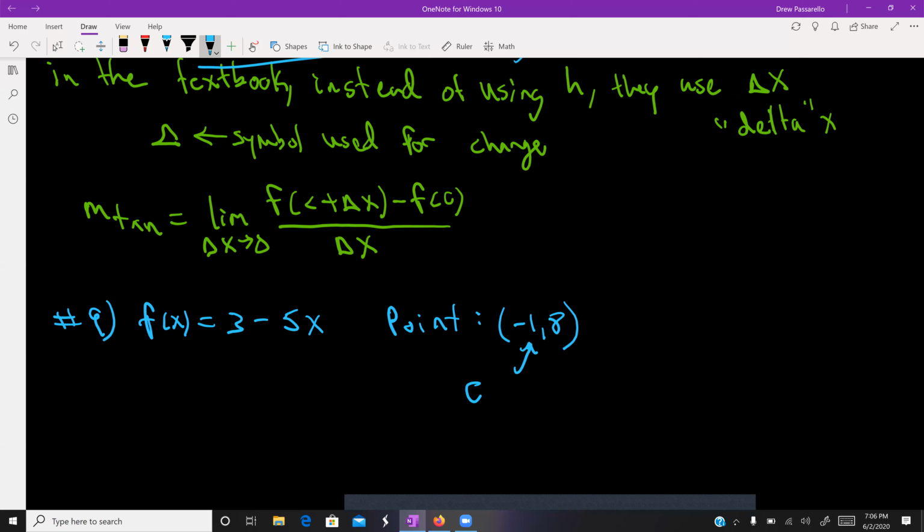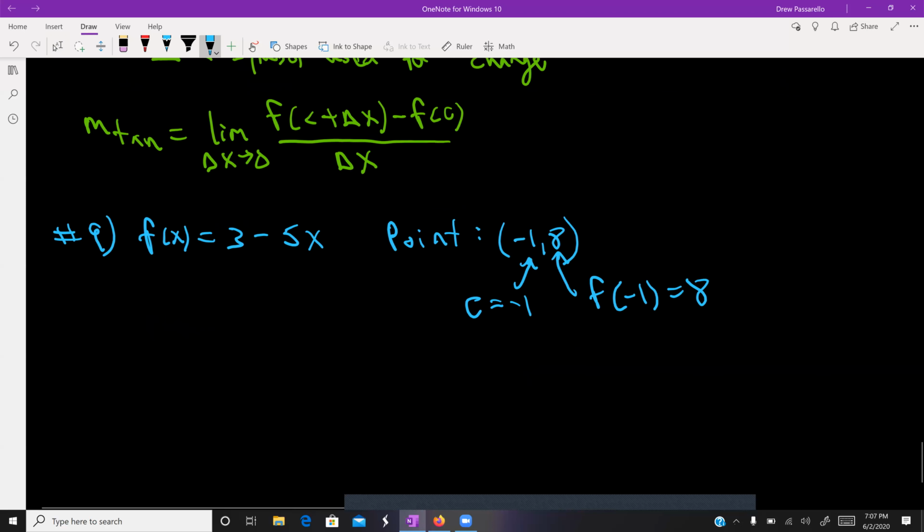It's going to be this fixed value. That means the y-coordinate 8 you can write as f of -1 equals 8. So when you plug in -1, you can check that you get 8. So that's given to us.